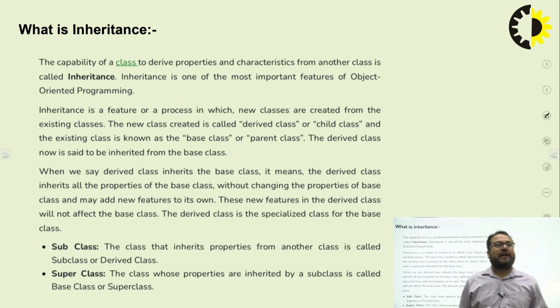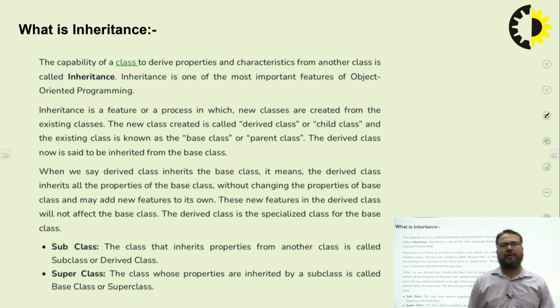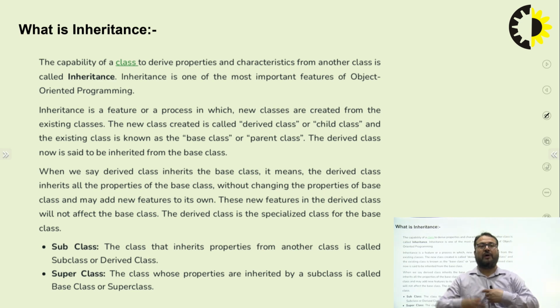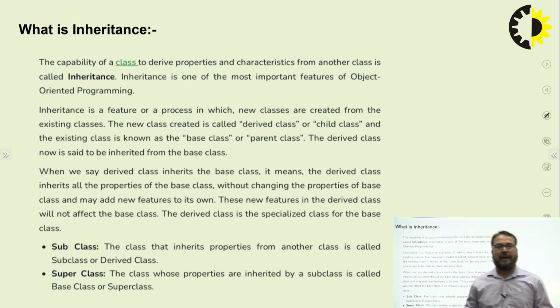So what is inheritance? Inheritance is basically how we are going to reuse the code. Code could be reused if it is required somewhere else, so we do not write that thing again, we simply inherit.